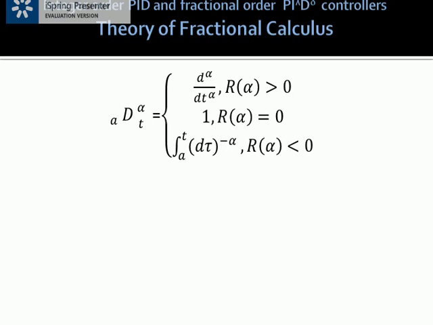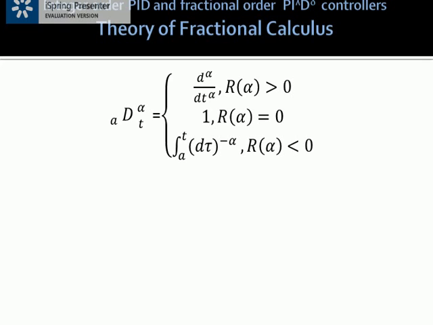So let's begin. In the last decade, fractional order dynamic systems and controllers have been studied widely in many areas of engineering. The concept of the fractional order PID controllers was proposed first 300 years ago.